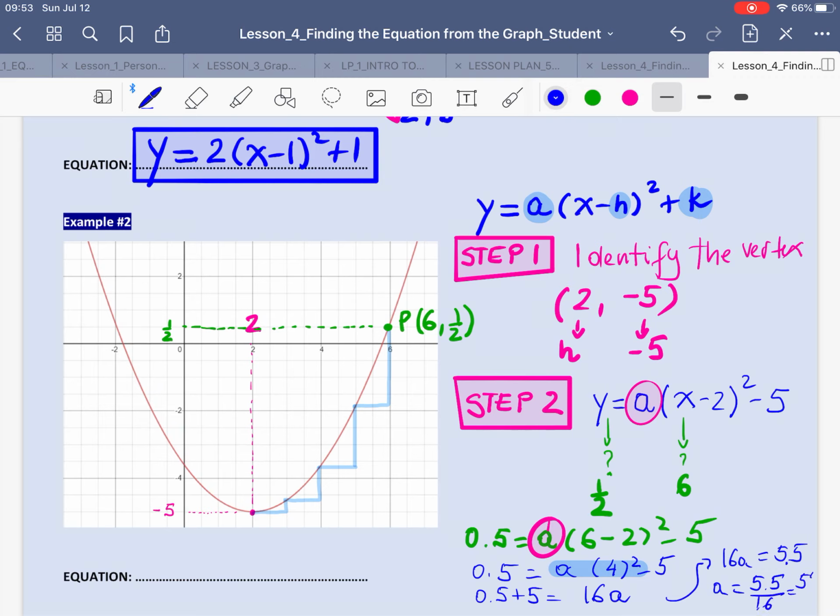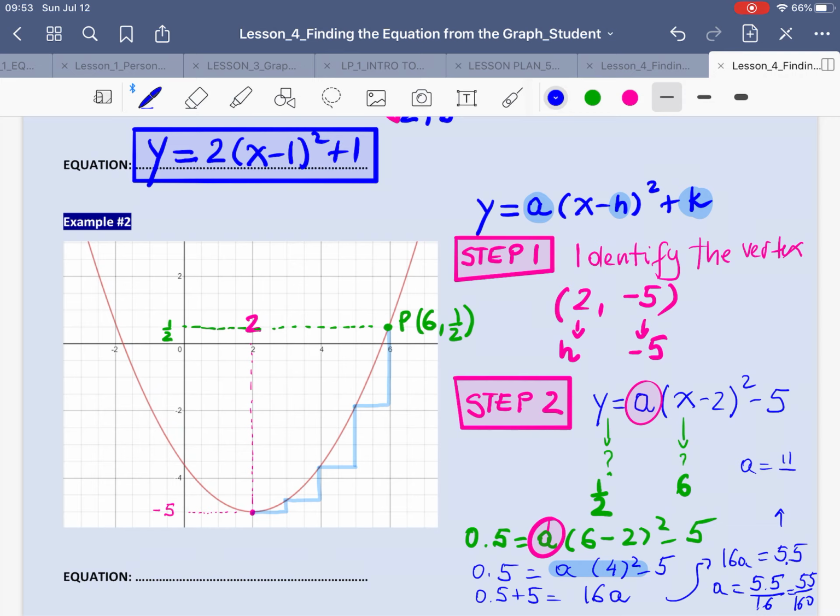Or even better, 55 over 160. And 55 over 160 would equal, in reduced form, 11 over, reduced by 5, so that would be 11.